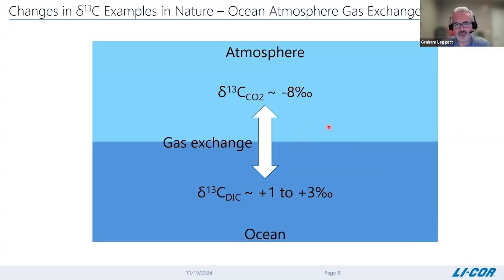And so the consequence of that is that the atmosphere becomes enriched in C12 or depleted in 13, and so you get this more negative signature, while the ocean becomes enriched in C13 and depleted in C12. And so there you can see a positive delta because of that enrichment of C13. So that's a very simple example just based on energy input into the system and the difference in mass between those two isotopes.